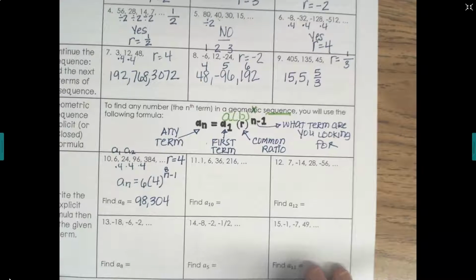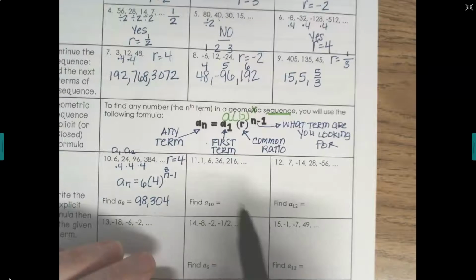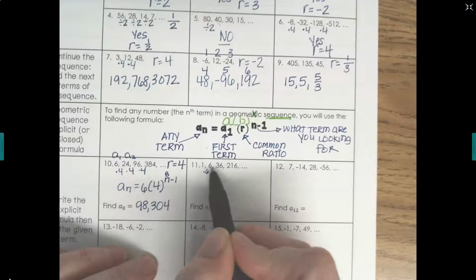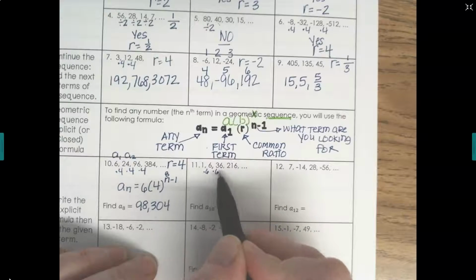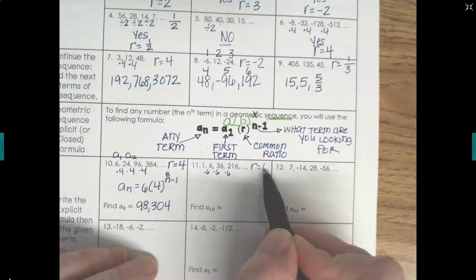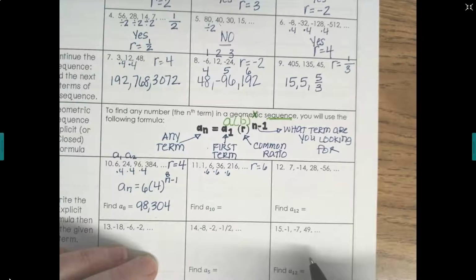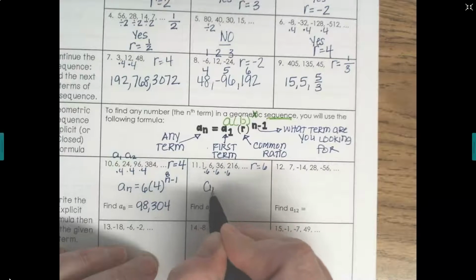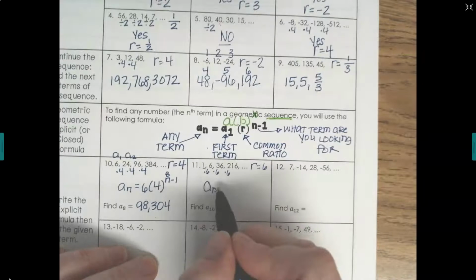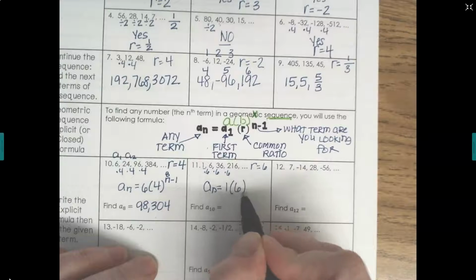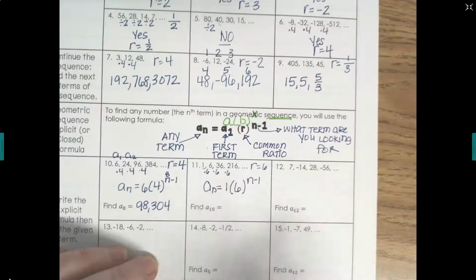Let's see if we can find the common ratio on number 11 here. 1 to 6 using multiplication would be times 6. 6 to 36 is also times 6. So our pattern's holding up. So our r is 6, our common ratio. Our first term is 1. So to find any term in this sequence, we're going to take the first term times the common ratio raised to n minus 1. That's to find any term.